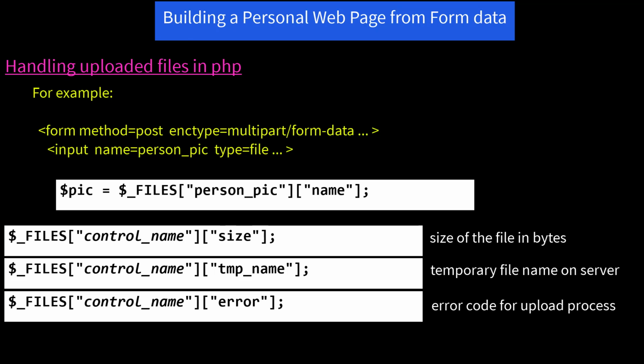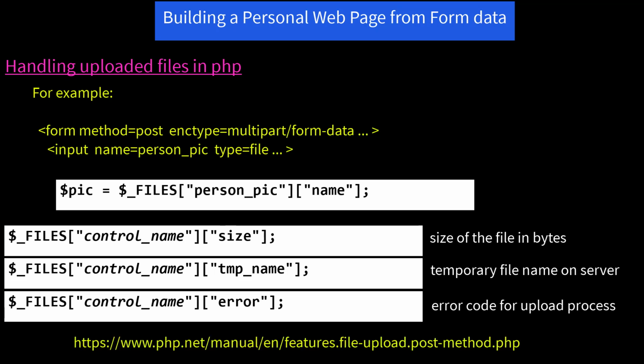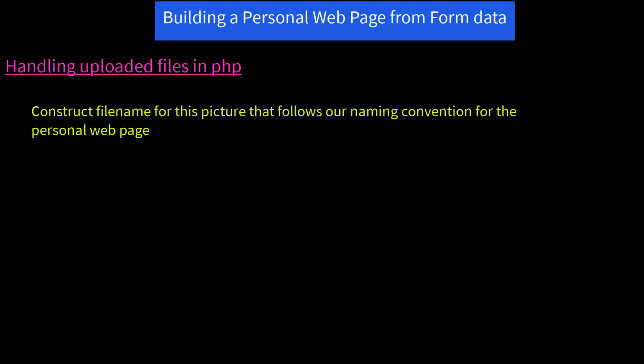There are a couple of other attributes, but they are considered unreliable, so we stick with just these. And the documentation for the $_FILES characteristics is found here: https://www.php.net/manual/en/features.file-upload.post-method.php.